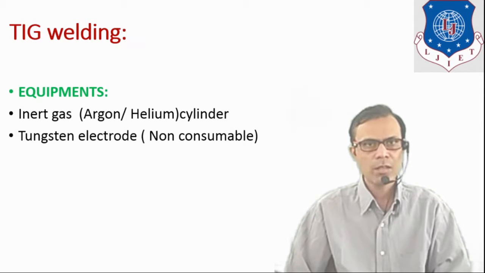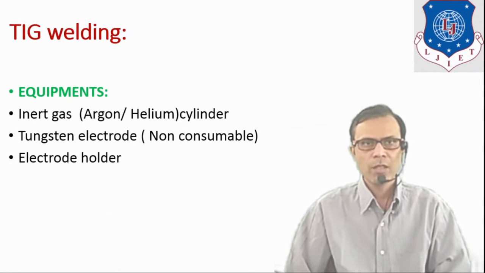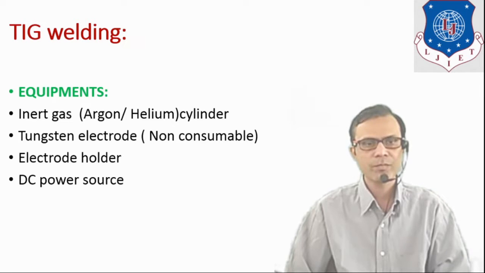That's why tungsten electrode is used. The next equipment required is the electrode holder, which holds the electrode and travels along the welding zone. Then a DC power source. Generally DC power source is used because it provides a comparatively more stable arc.